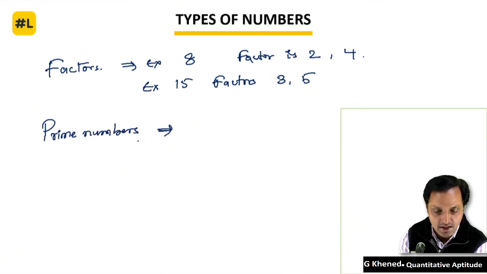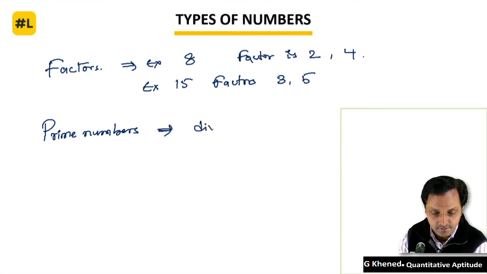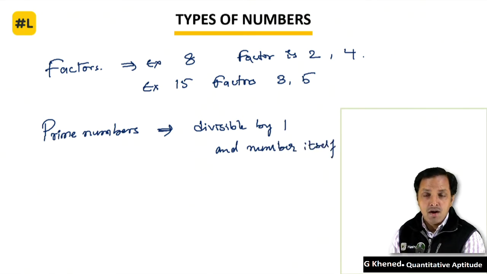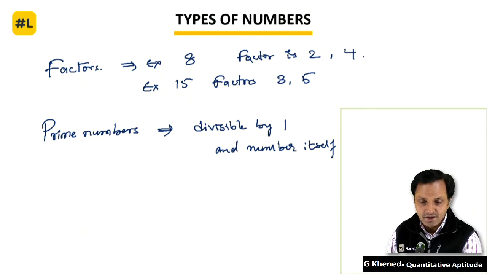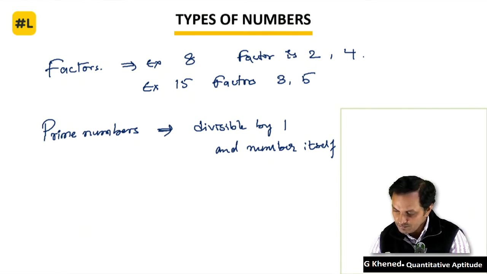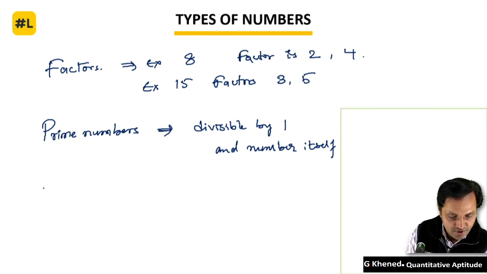Then you have prime numbers. What are prime numbers? Prime numbers are those numbers which are divisible by 1 and the number itself. One and the number itself is nothing but your prime numbers. Then you all know composite numbers.